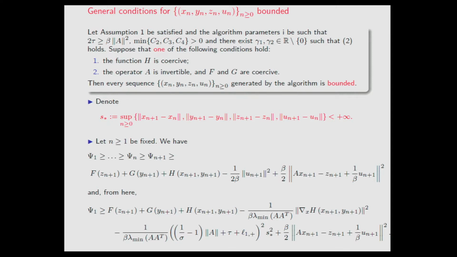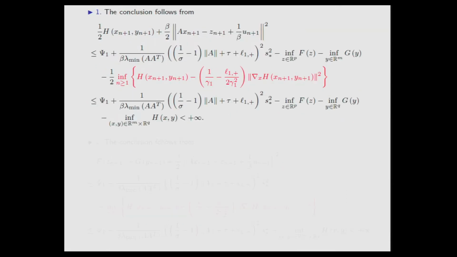And what we use here is the iterate u n plus 1. This was the third line of our algorithm. And this gives rise to such an inequality. We have here a difference of h minus something times the squared norm of the gradient of h. This is a constant, this is fine, and everything looks good now. Why? Since in the first case, I can keep on the left-hand side these two summands, bring everything on the right-hand side, and use the fact that all these infimums are real numbers, and that this difference is a real number.